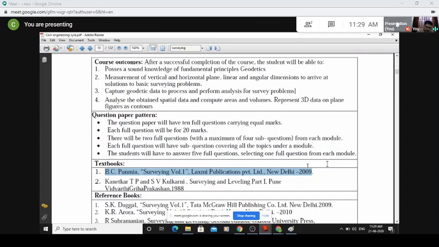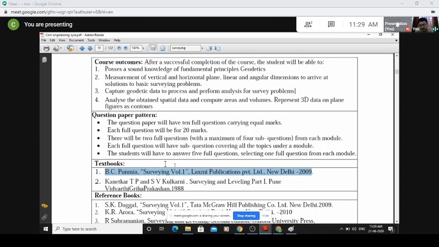You need to keep volume 1 in your mind because the same person has written a number of books with the same title, Surveying, but volume 1, volume 2, volume 3, like this. The syllabus you have for this subject will have its place in Surveying Volume 1. So B.C. Punmiya Surveying Volume 1 is the textbook which you are supposed to refer.